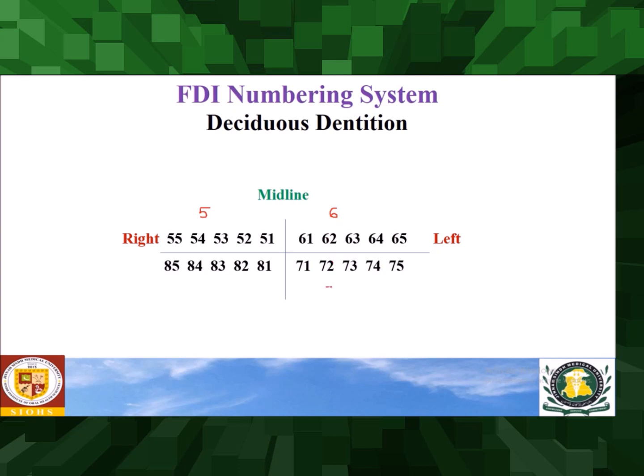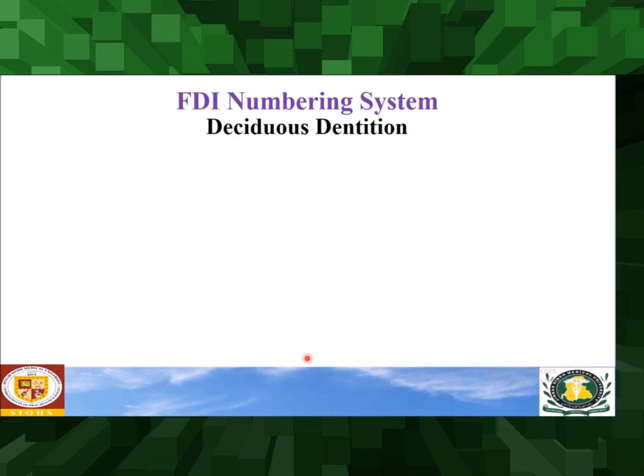Number 7 indicates the mandibular left, and number 8 basically indicates the mandibular right quadrant. The second number represents the tooth number: 1, 2, 3, 4, 5. So these numbers are the same and they start from the midline. Now we will do some exercise of the FDI notation system on the deciduous dentition.